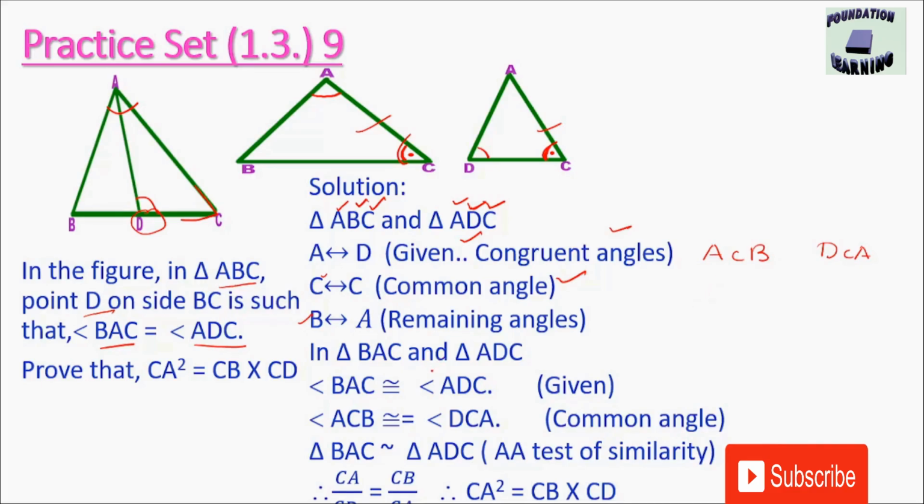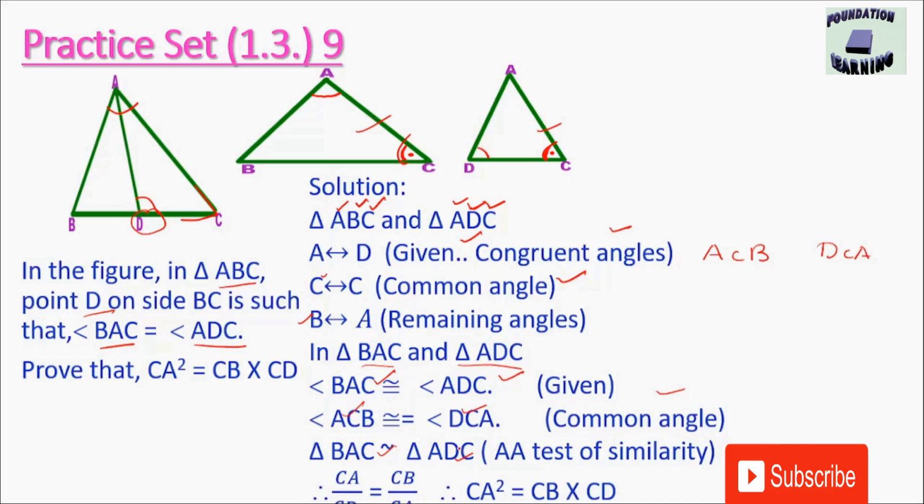Then for these two triangles, which angle is congruent? Angle BAC is congruent to angle ADC, given, and ACB is congruent to DCA, common angle. Therefore, triangle BAC is similar to triangle ADC.